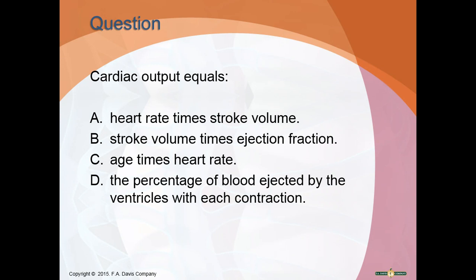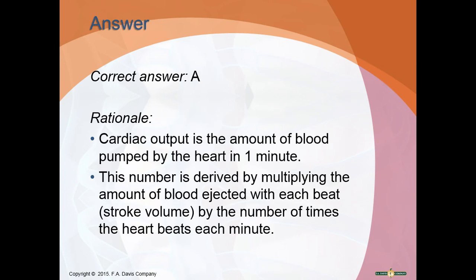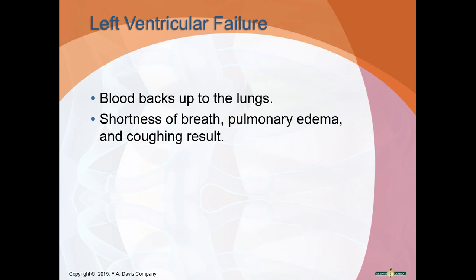So the question is, cardiac output equals what? What's the definition of cardiac output? It is heart rate times stroke volume. So let's look at left ventricular failure. The blood backs up to the lungs, and shortness of breath, pulmonary edema, and coughing result.